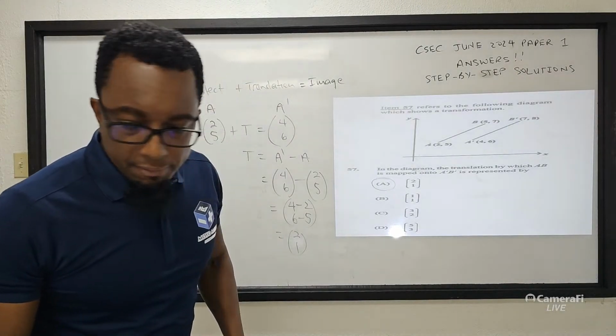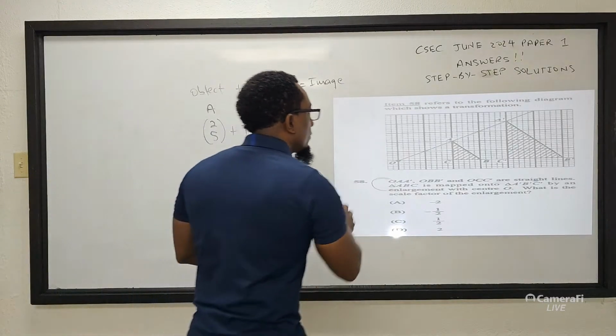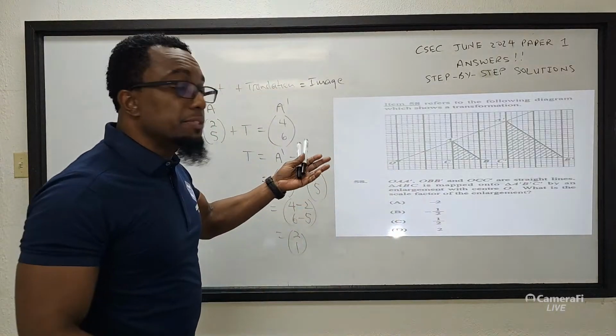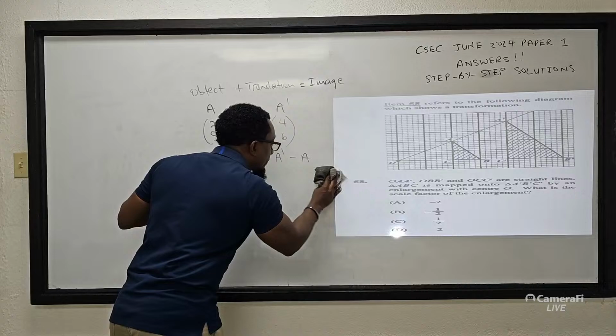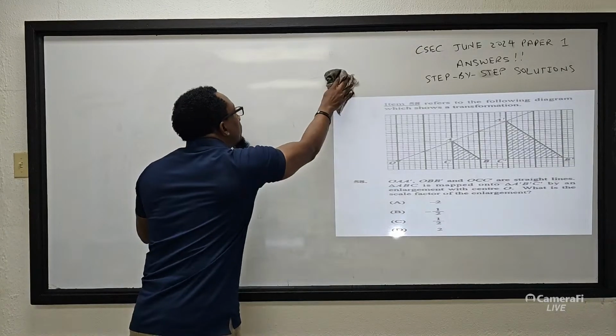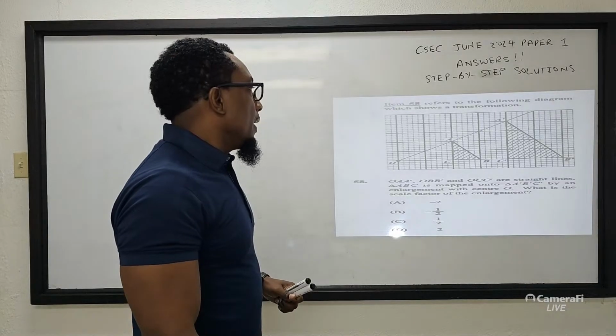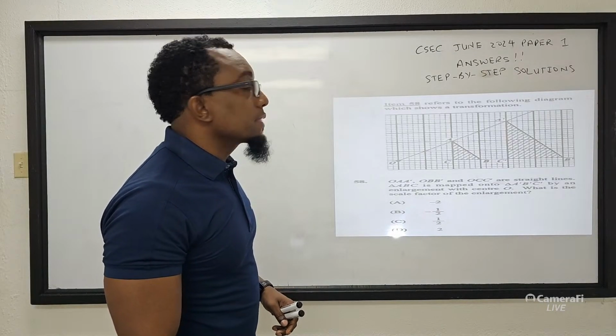Alright, let's look at 58. Right, so we also did a question very similar to this one in our review exercise before the exam. Item 58 refers to the following diagram which shows a transformation.